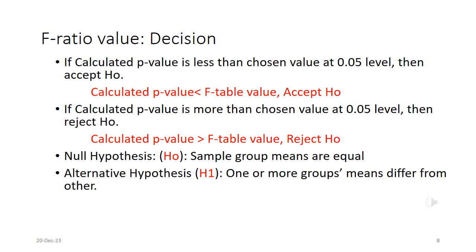Similarly, if the calculated F value is greater than the F table value, reject H naught. Therefore, our null hypothesis H naught that sample means are equal, and alternative hypothesis H1 that one or more group means differ from the others, can be judged on the basis of the acceptance or rejection of that.